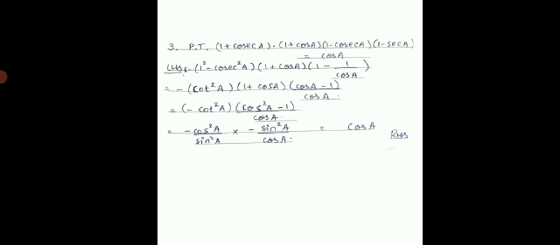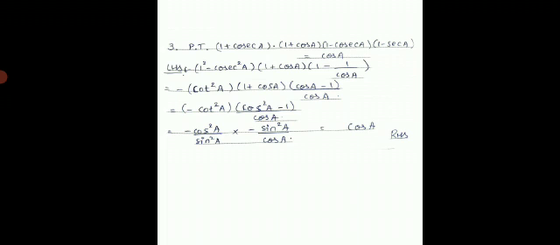So here after observing, you might see the terms 1 plus cosec A and 1 minus cosec A. 1 plus cosec A and 1 minus cosec A is nothing but A plus B and A minus B.